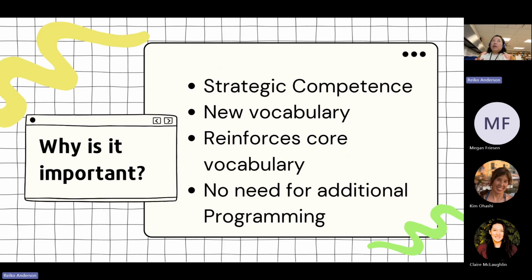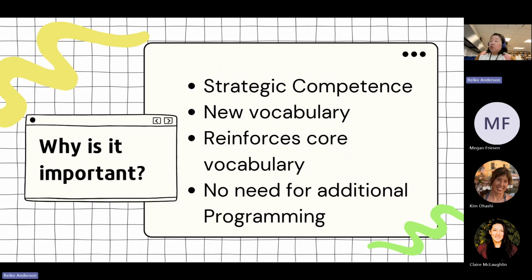It gives them a way to tell people things when they don't have the specific word in their talker. When we think about life skills, this is an ongoing skill that AAC users need. In order to be a truly independent AAC user, you need to talk about anything, anywhere, with anyone. That's kind of the gold standard.